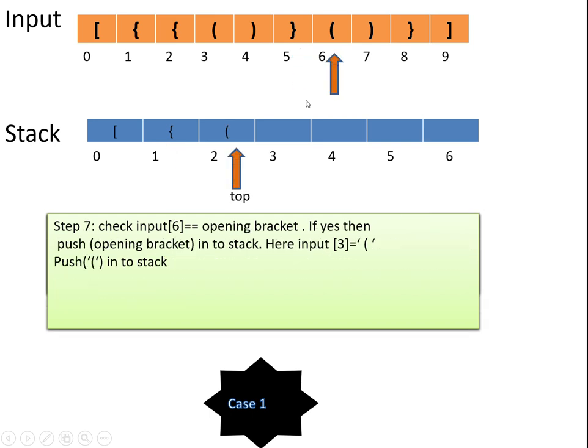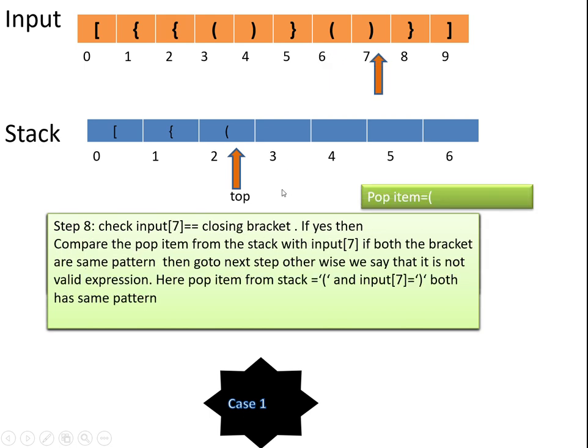Next, we are encountering an opening bracket, opening parenthesis, so we will be inserting it inside the stack. But here we are getting a closing parenthesis bracket, that's why we'll be popping out. Then this is also a closing curly bracket, so we'll pop this also.